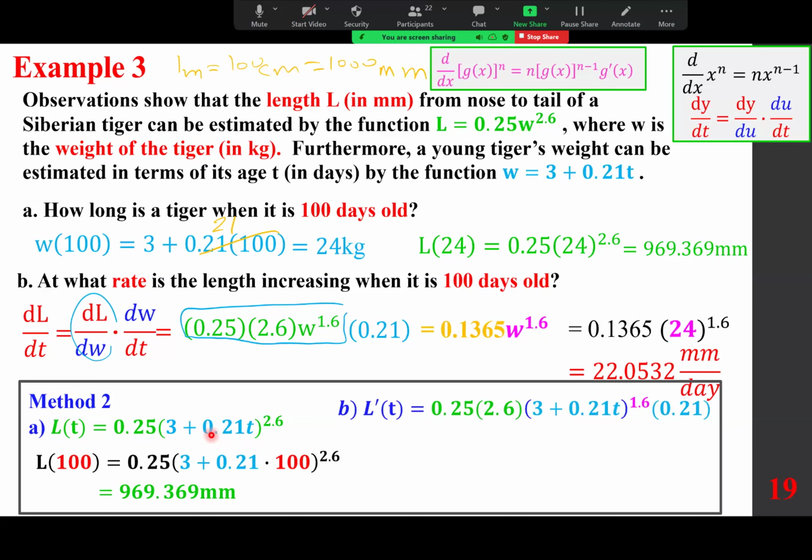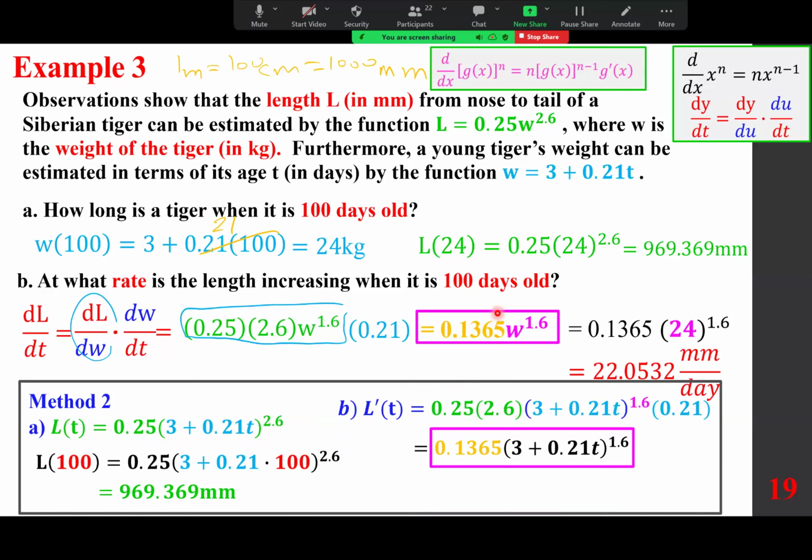To recap, 0.25 remains, 2.6 becomes the coefficient, you write the same parentheses, and the exponent 2.6 minus 1 becomes 1.6. The derivative of the inside, g prime, is 0.21. Multiply these three numbers and you get the same thing as you had here. These two are identical. This is a function of W. If we had changed it to 3 plus 0.21t, we would have got that.